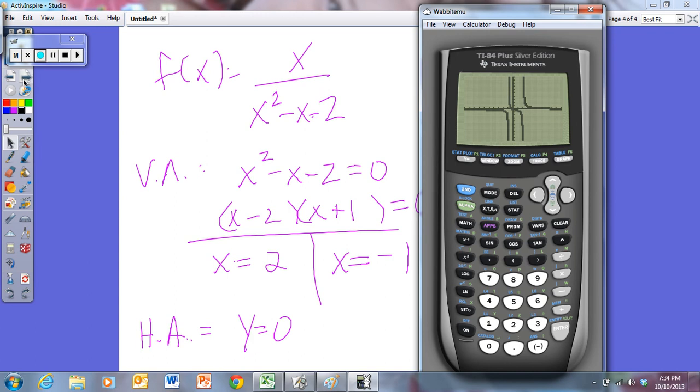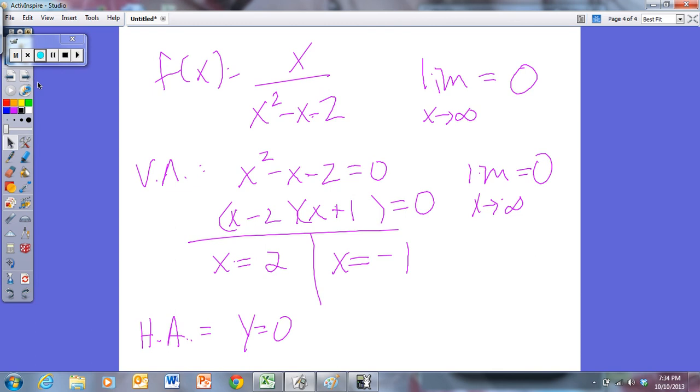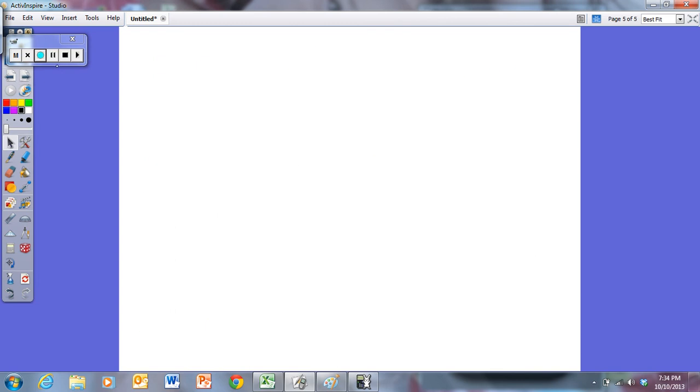Now, an example of a function where there isn't a horizontal asymptote, but there is a vertical asymptote, would be something like... well, wait a minute. Yeah, no horizontal but vertical. Got it. So I need the numerator to be greater than the denominator.